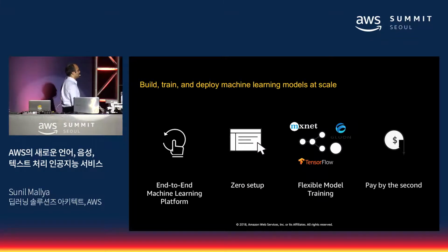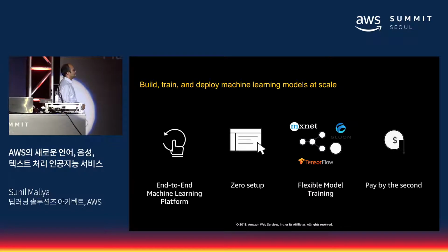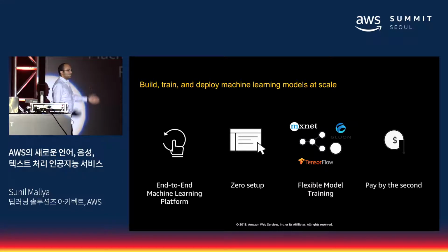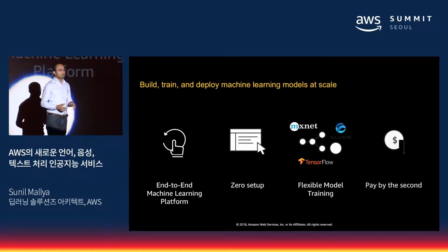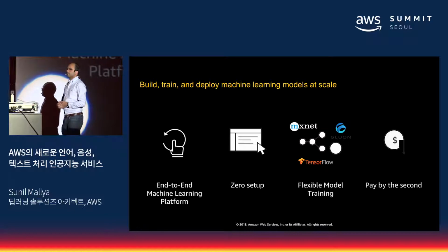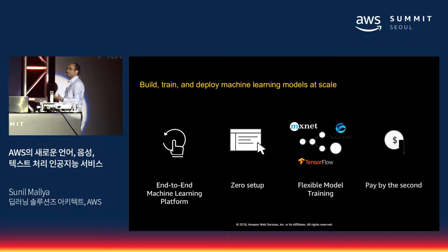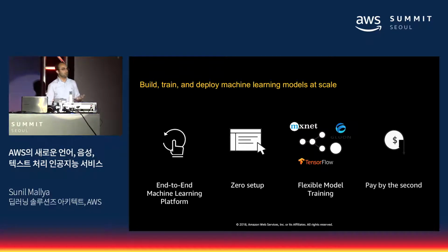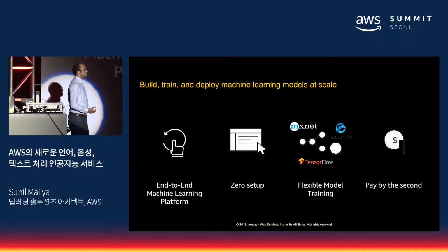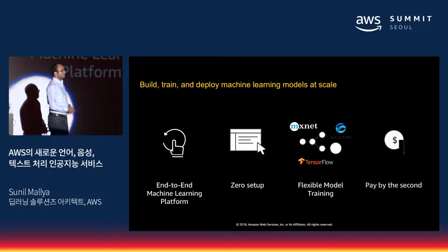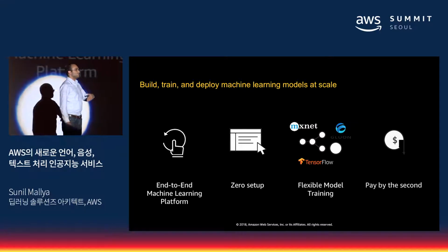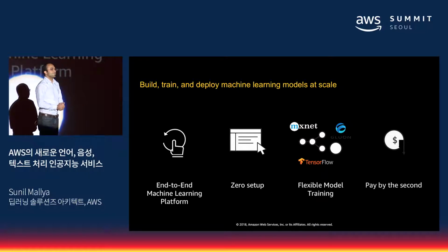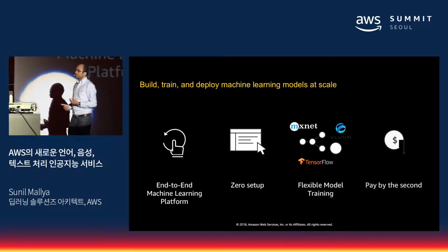So if we sort of summarize what SageMaker brings to the table, it's an end-to-end machine learning platform. Our aim is to reduce the time from you getting the data all the way to having a model. We want to reduce that cycle. And that's what SageMaker aims to do. There's zero setup time. Right? As you've seen, you just need to create a notebook instance, and it gets built up, and you can start using that.